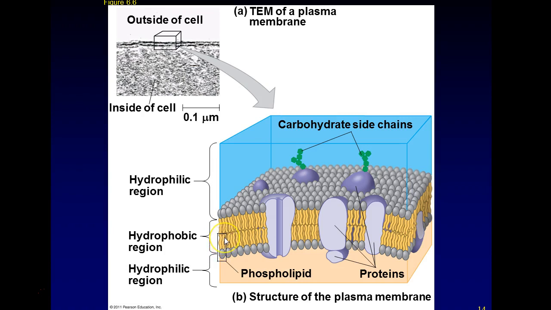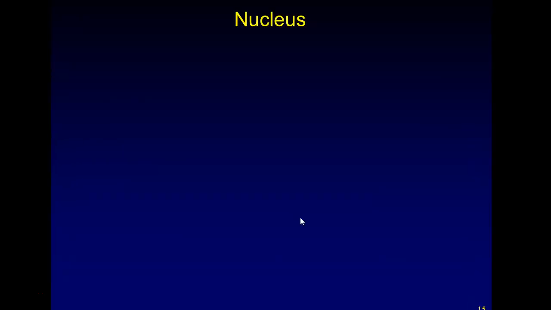I'm going to assume that we don't remember. So this is our fatty acid tails. We have the fats in the middle and the hydrophilic heads facing the water. That's how they arrange themselves. Proteins injected into the cell membrane, some carbohydrate side chains, all as well.